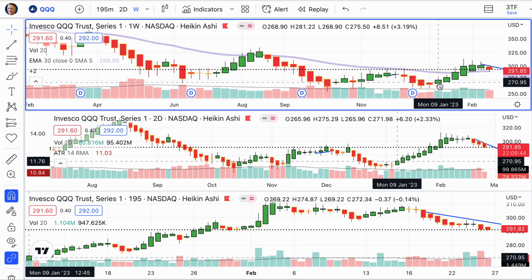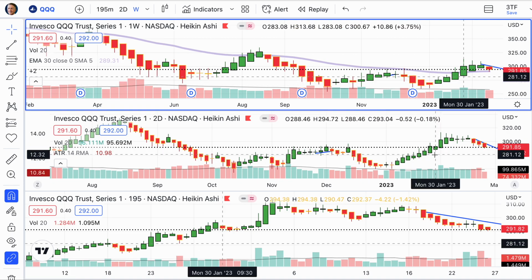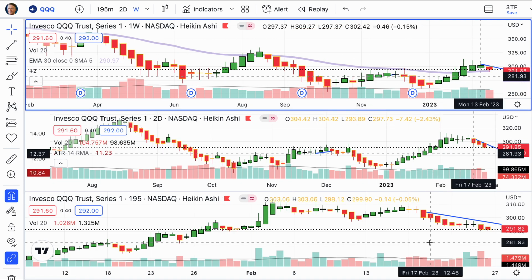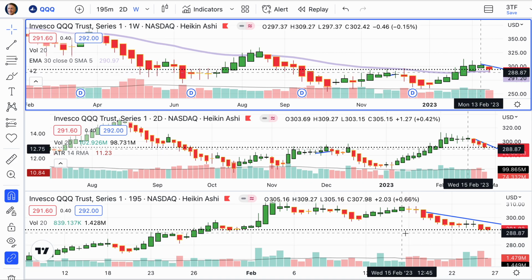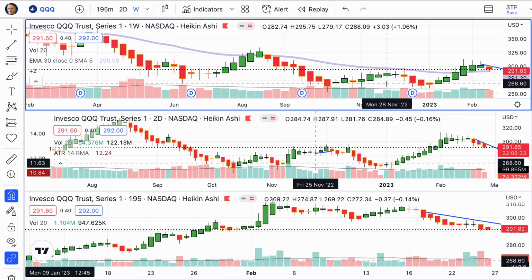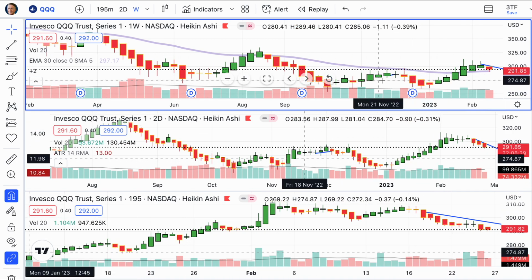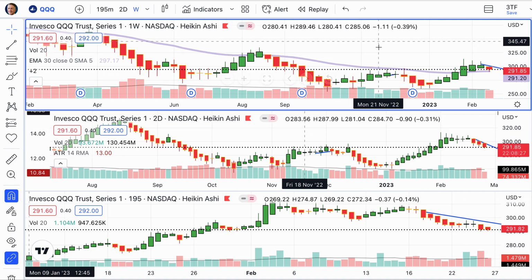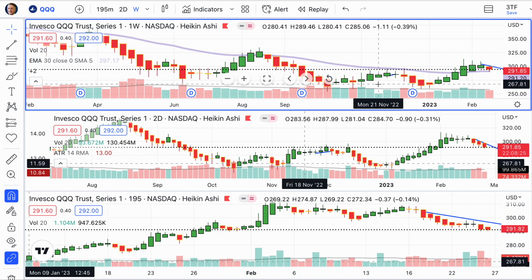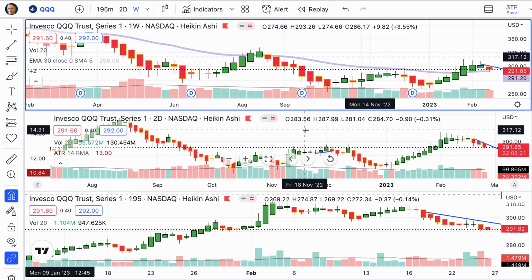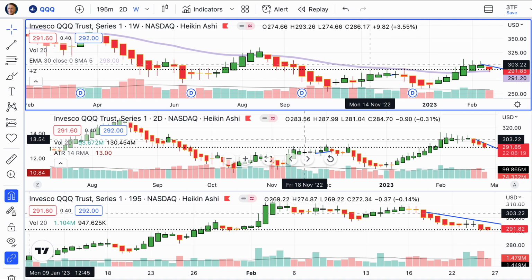Well, the beautiful thing about using the weekly and the 2-day and the 195-minute, or sometimes we refer to it as the half-day chart, so the half-day, 2-day, and weekly, the nice thing about using those all together is you will notice this dashed line here lines up on the weekly, and then if you look down to the 2-day, it's in a different place, but it's lined up to what's happening on the 2-day and the weekly at the same time.